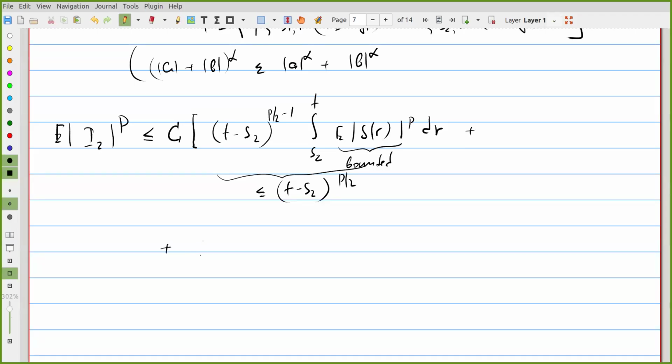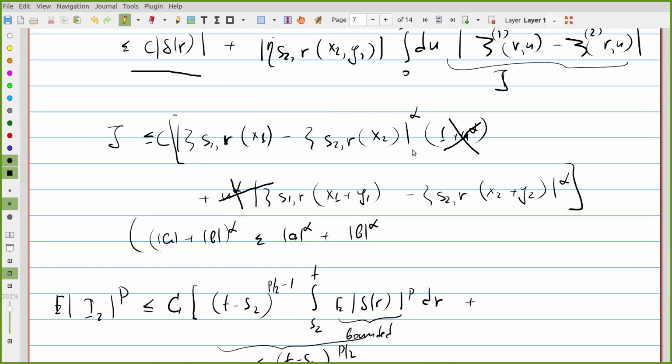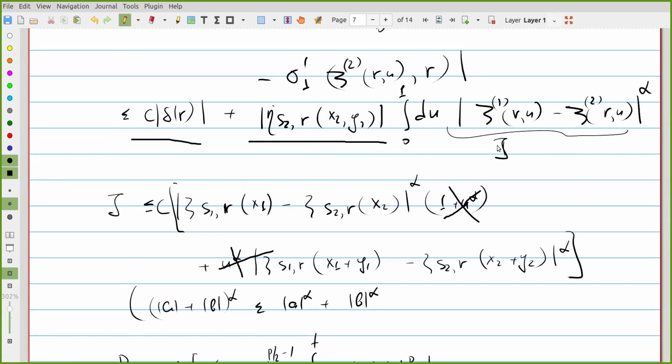And here we get the second term, dr. And here stands the mathematical expectation of s2r x2 to the power p times what you obtain from this part. This term and this term.